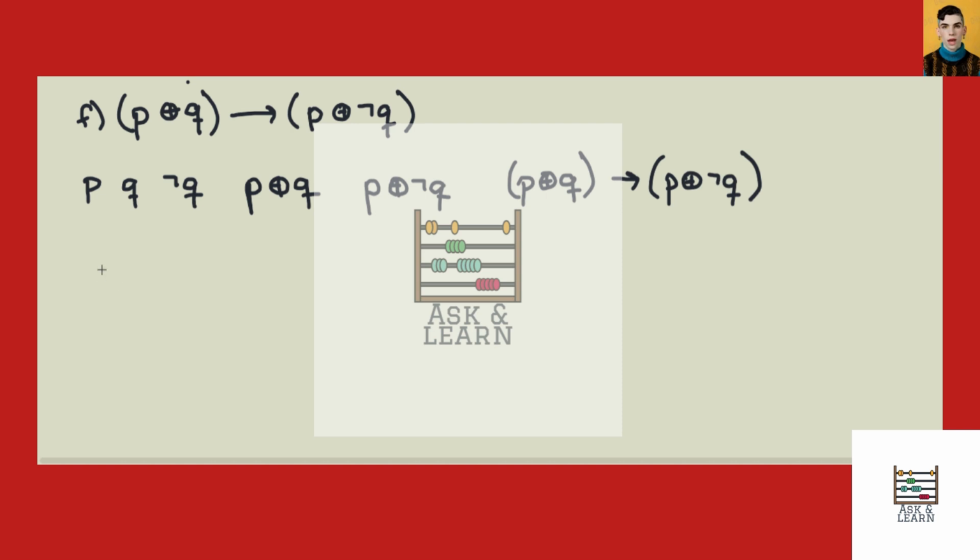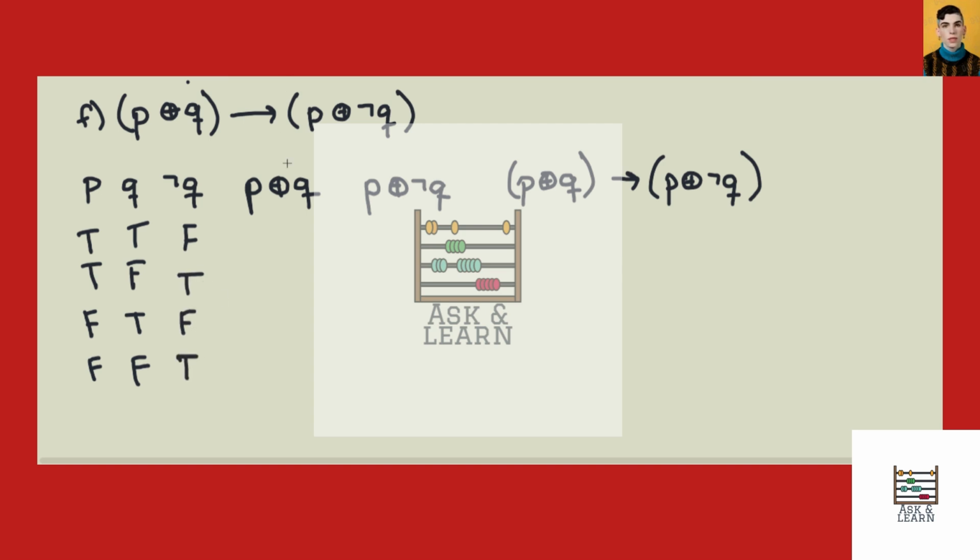All right, so let's do the different combinations. True, true, false, false, true, false, true, false. Now the negation of Q, you look at the truth values for Q, and whatever the truth value for Q is, the negation is the opposite. So this will be false, true, false, true.